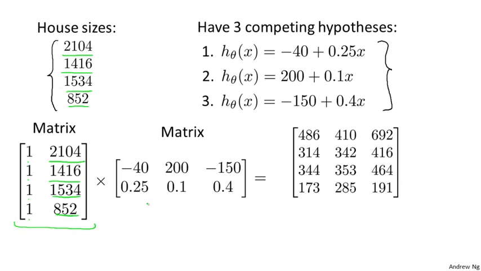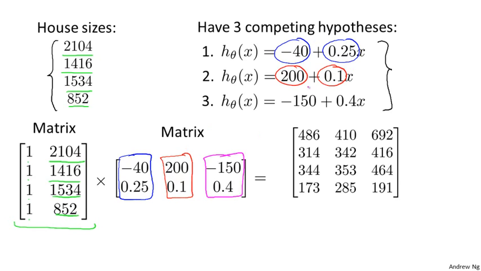And what I'm going to do is construct another matrix where the first column is this minus 40 and 0.25, and the second column is this 200, 0.1, and so on. Okay? And it turns out that if you multiply these two matrices, what you find is that this first column, let me draw that in blue.